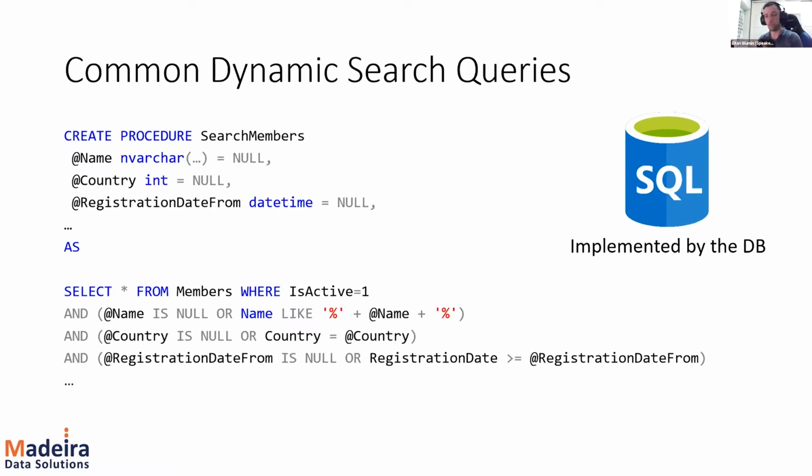Same thing for filtering by country, filtering by range, date range, and so on and so forth. So the problem here is with execution plans. Most of the time, it is reasonable to assume that most of the parameters would not actually be provided.